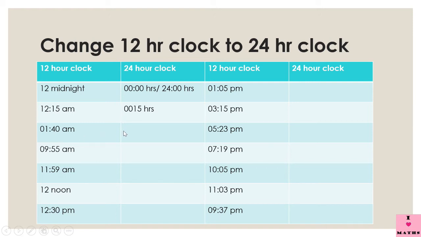So this time is written as 0140 hours. 9:55 a.m. This is the time in the morning, and this is written as 0955 hours. 11:59 a.m. We write this also as it is, and we write hours with this. So this time is written as 1159 hours.